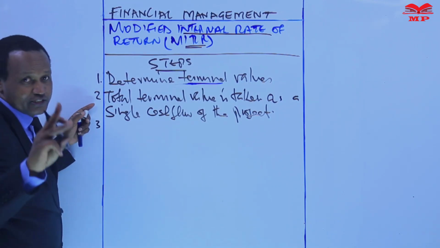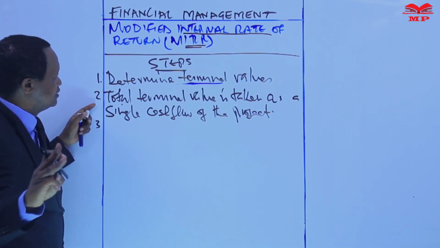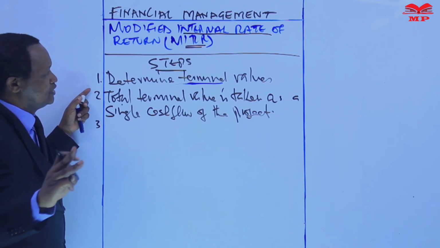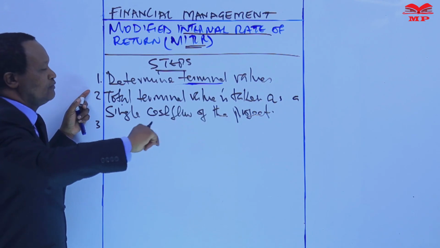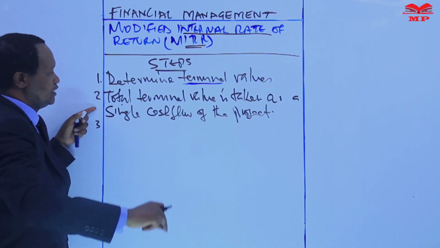Now, there are just 3 steps. First, you determine the terminal values of cash flows at the end of each year. Then you get the total.